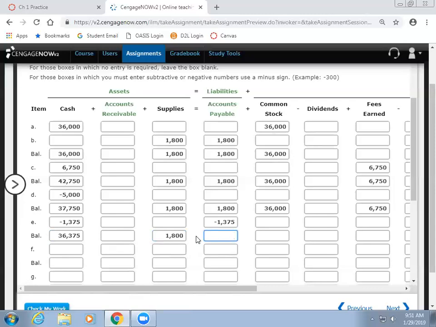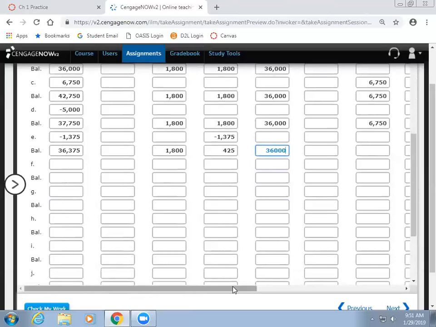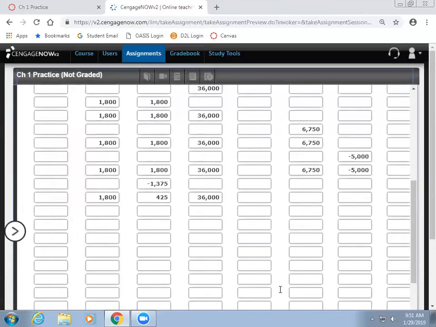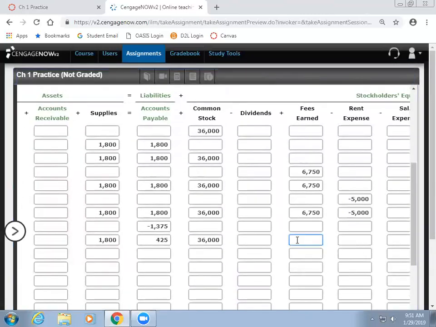How much do we owe now on accounts payable? 425. Perfect, 425. So we subtract, since we did make a payment. Now we owe $425 on that account still. And our common stock stays the same, as do our fees earned and our rent.